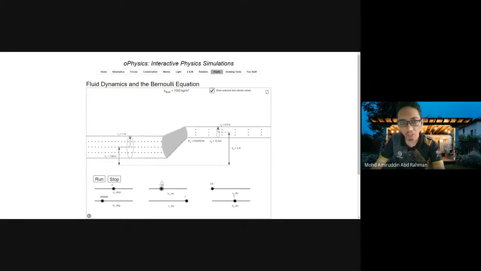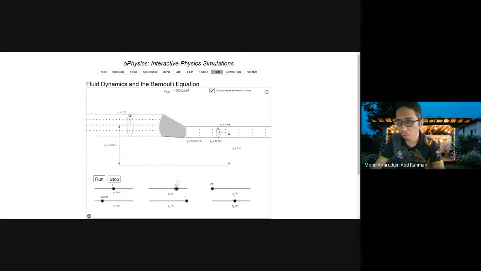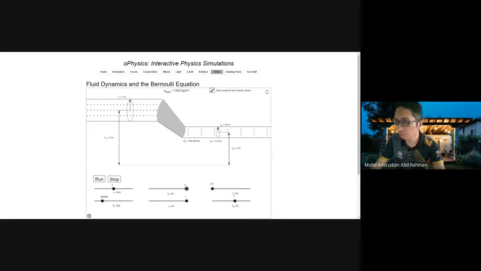Sorry, it should be on the right pipe over here, not on the left pipe. How does it affect the velocity of the fluid on the right pipe? How about the pressure? Does it change? Please explain yourself.